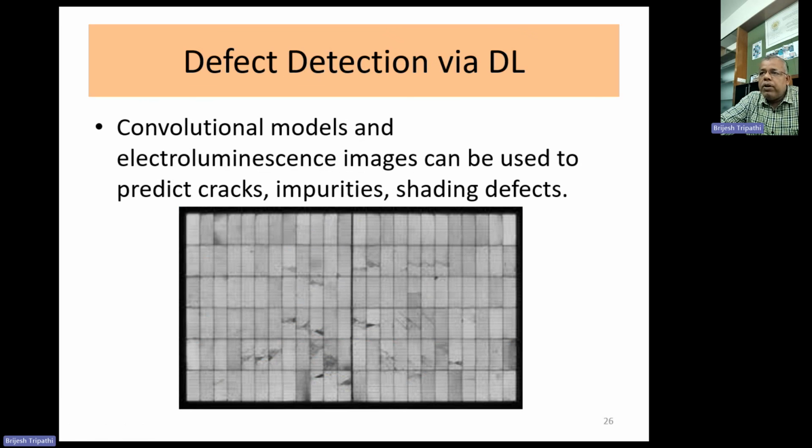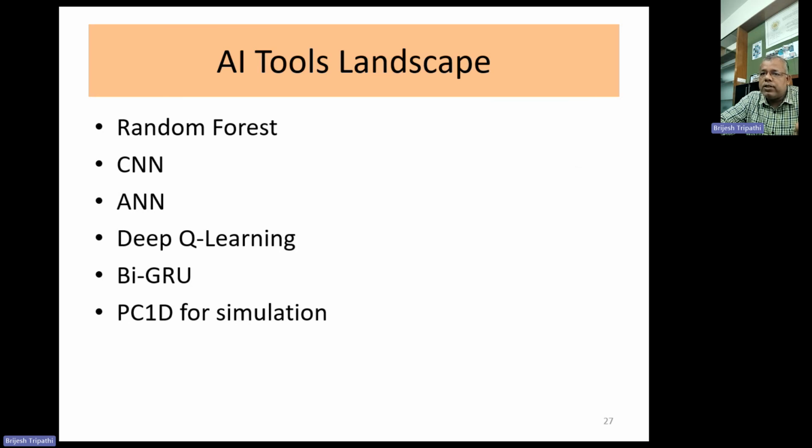Defect detection can be done by deep learning models, convolutional models, and electroluminescence images can be used to predict cracks, impurities, shading defects. No human interaction will be required if we are adopting deep learning based systems for defect detection.